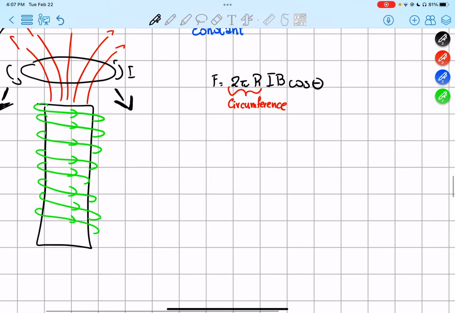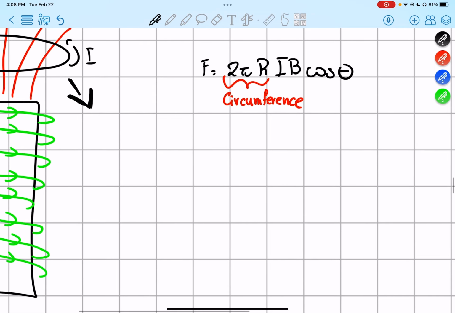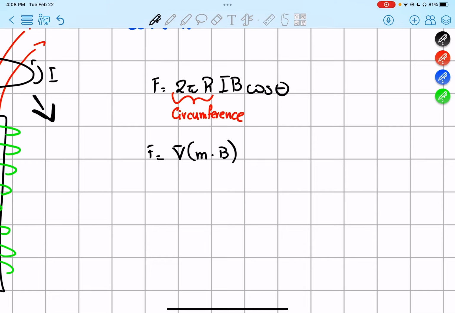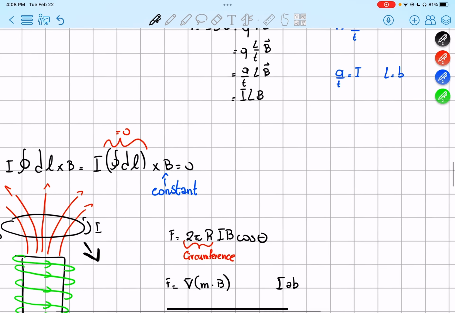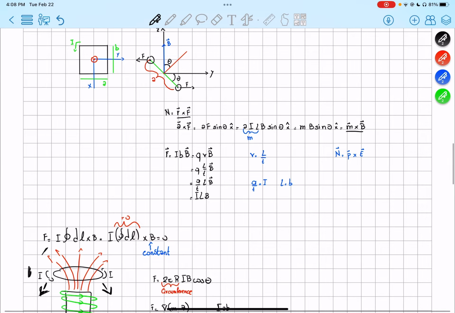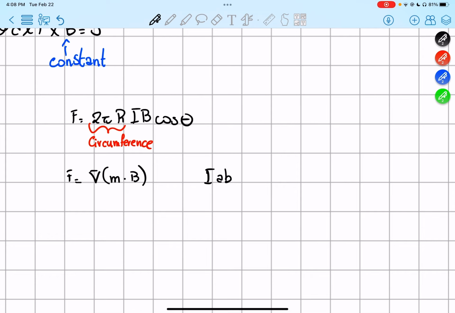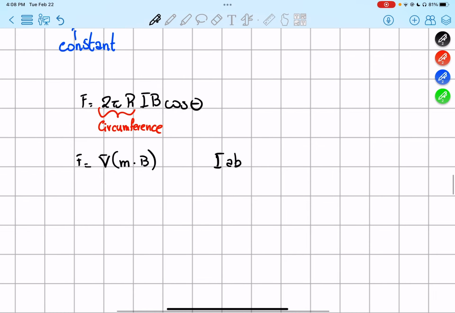Instead, for an infinitesimal loop, we can rewrite this as the gradient of the magnetic moment dotted with the field. As we established in the previous video, the magnetic moment is equal to I times A, in the square that we did before. If we look back at the square, A was the area and I was the current going through it.